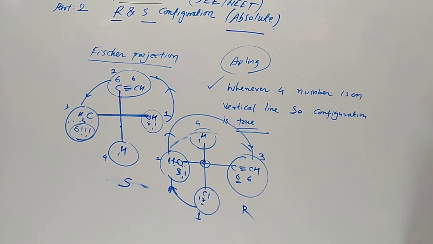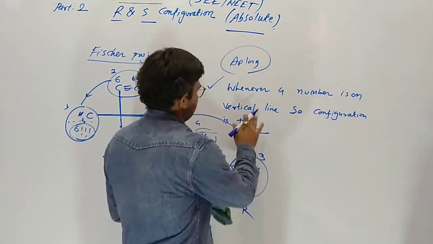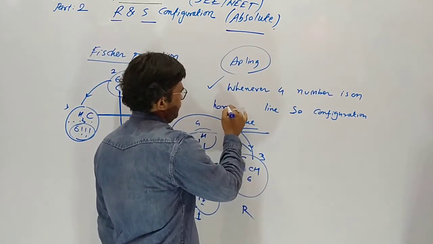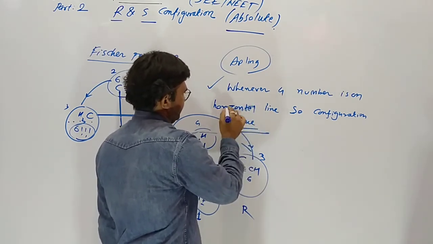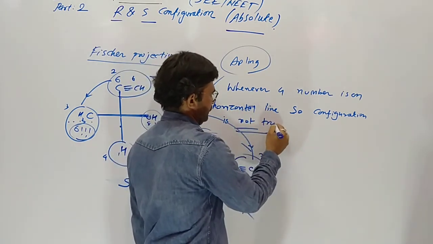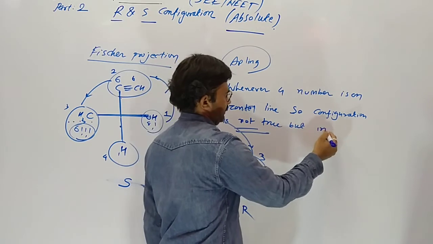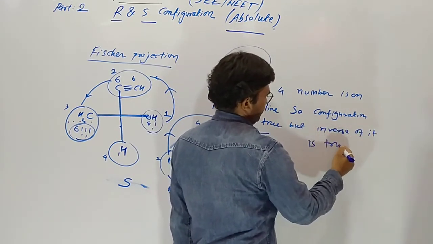Now, sometimes hydrogen comes in the horizontal line. Then the appeared configuration is not true, but the inverse of it is true.